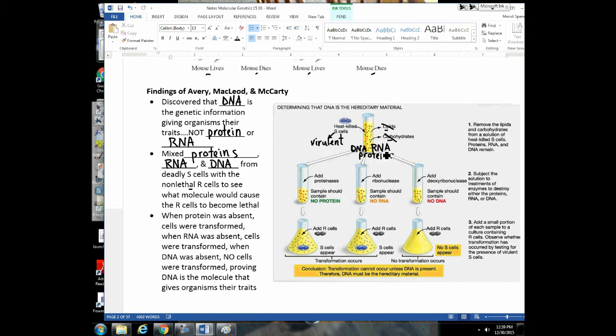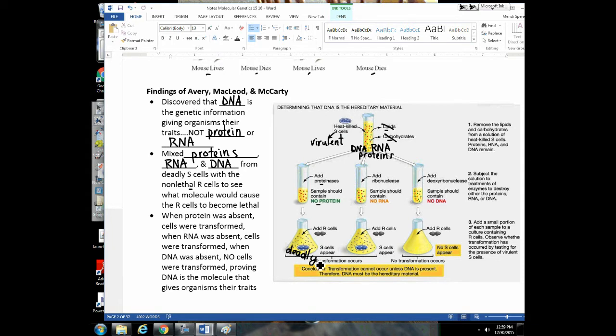And what they did is they had 3 different samples of this mixture of molecules. If they add proteinases, hopefully you understand those are going to be enzymes that chop up proteins, destroy proteins. So basically this sample did not have any protein in it. And whenever they added these R cells, then they ended up with these deadly R cells again.